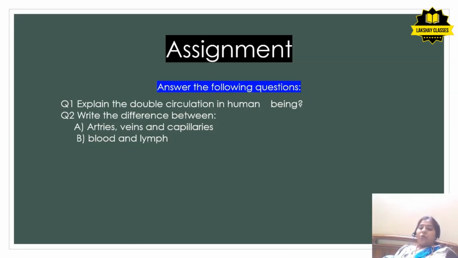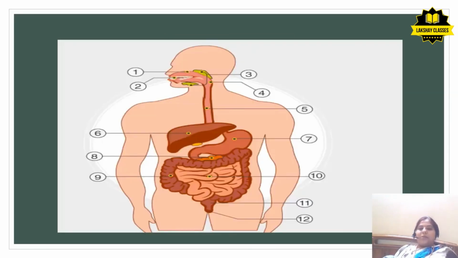I request all of you to please practice all the diagrams of this chapter. This chapter is very, very, very important from the point of view of your board exam. Diagram based questions will be there, so you have to have practiced the diagrams. I have given you one for the practice.